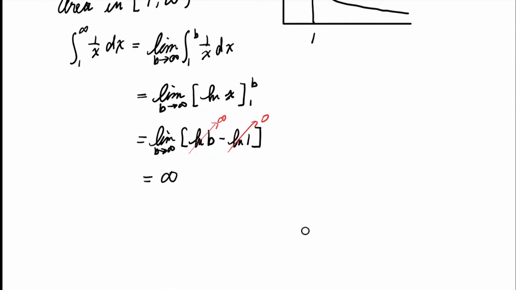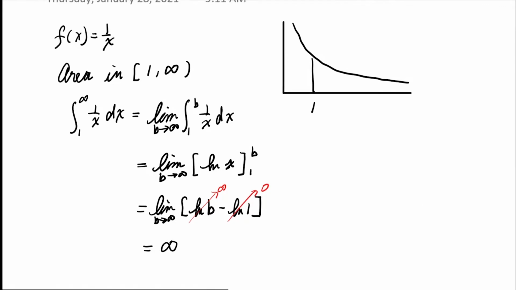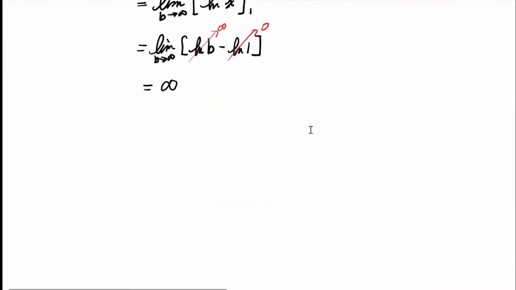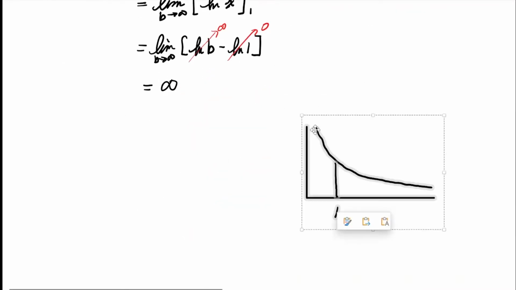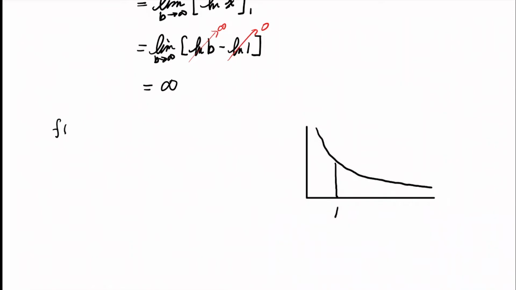Would that obviously be infinity as well? Because if you rotate the infinite area, I'm going to recycle this picture. If you rotate this infinite area, so we have f of x still equal to 1 over x, and what is the volume?